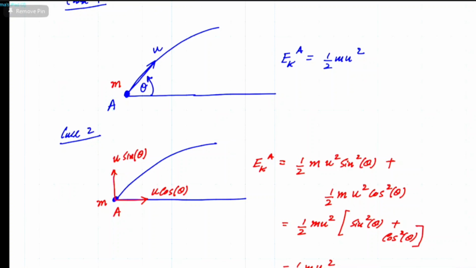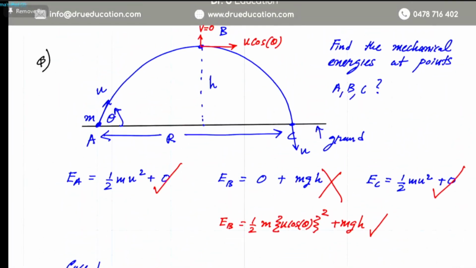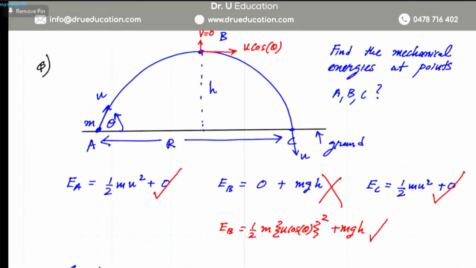But I got the same answer. So what is the conclusion? It doesn't matter. You take the resolved velocity components and find the kinetic energy, or use the original one. It doesn't matter. If you resolve it and find, still you get half m u squared.